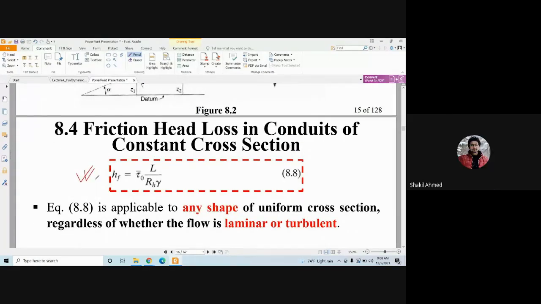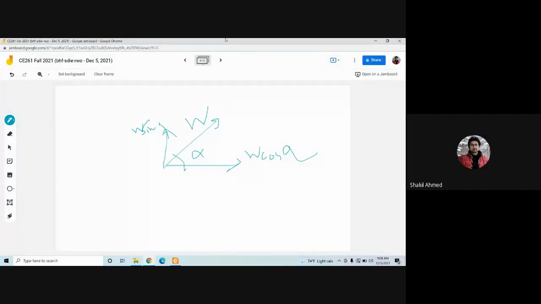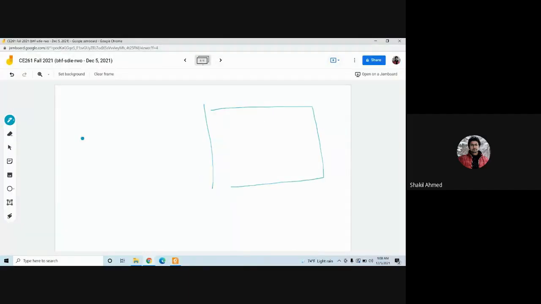So why did we perform this derivation, guys? To calculate the head loss. Because let's say you want to design a pipe network, you want to supply water, let's say in Dhaka, from the source to the community. Now you need to design this pipe.